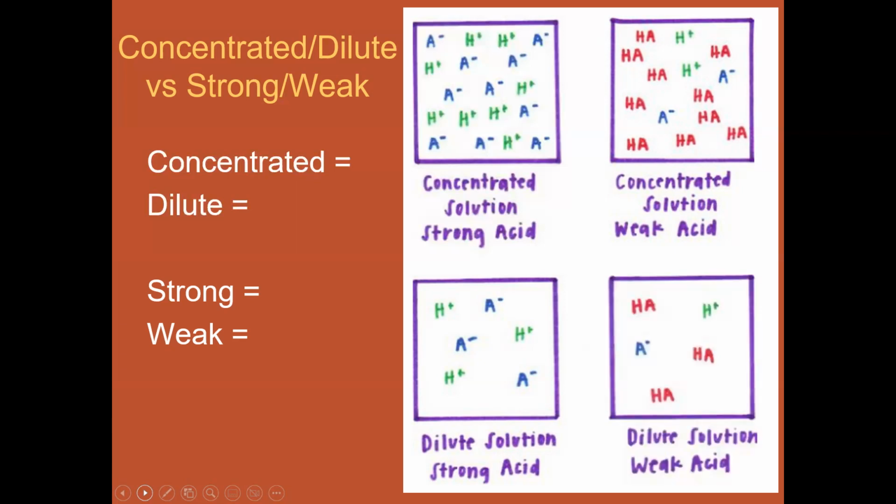And same thing, we can have a dilute solution of that weak acid with not a lot of particles dissolved, but we still have a lot of that parent acid, not many of them ionized. And remember, what makes a solution acidic is that it produces those hydrogens in water, so hydrogen or hydronium.